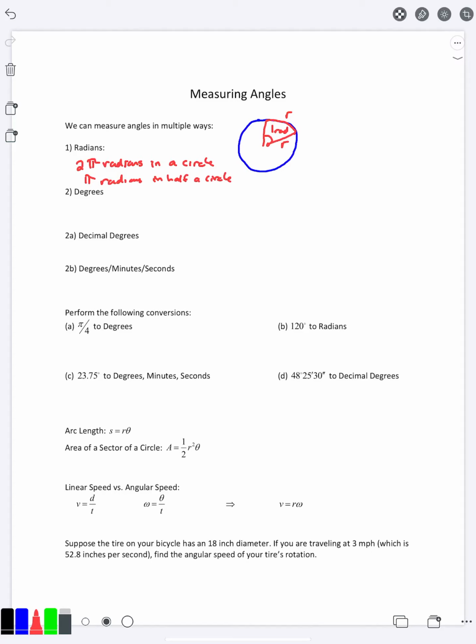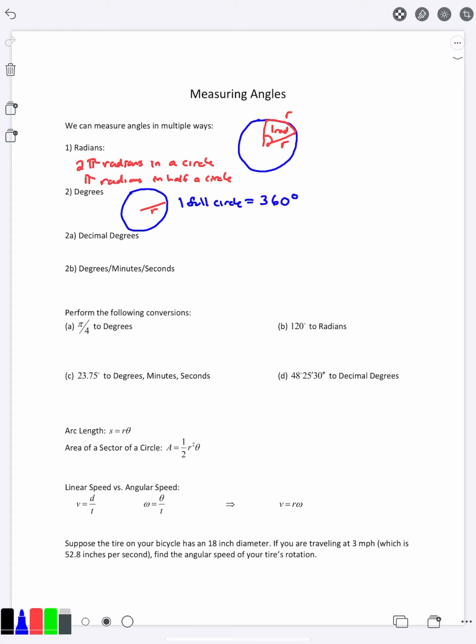Now for degrees, it is different. For degrees, there is no fancy thing that says you go the same distance outside as you do the radius. For degrees, they just define that 1 full circle should be the same as 360 degrees. Now 360 is based on 60 here. 60 is a pretty commonly used number in mathematics, and 360 is 6 of those.